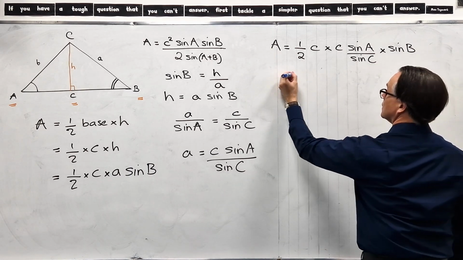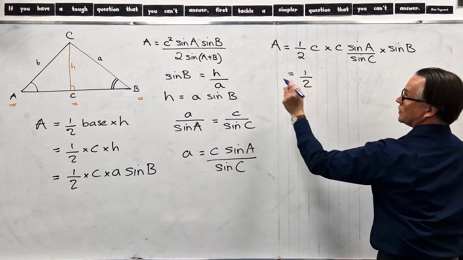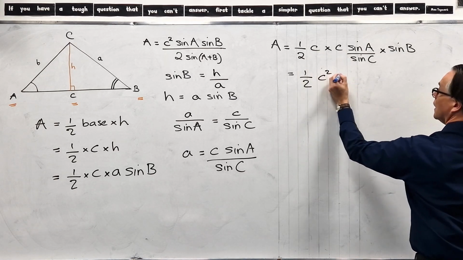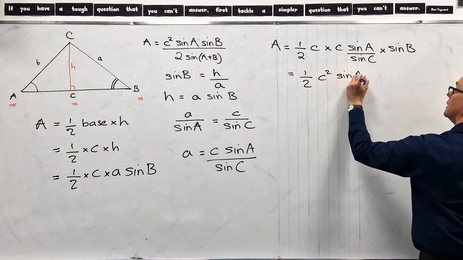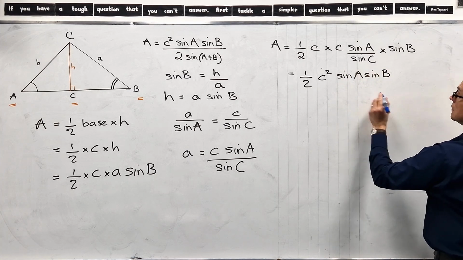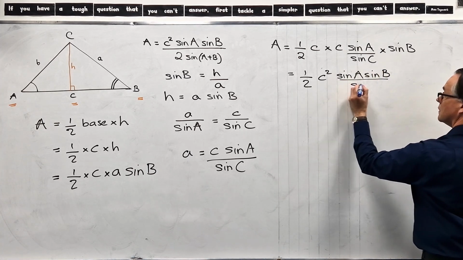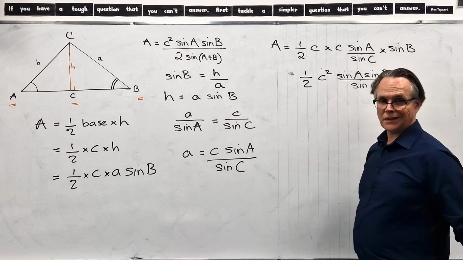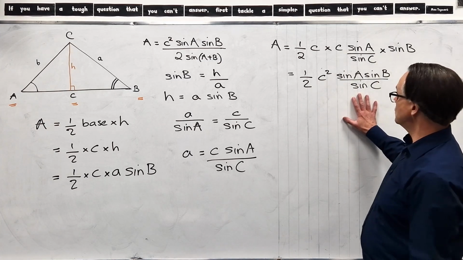We've got the half C squared, C times C, sine A sine B over sine C. You might think at first that that's still not very helpful because we don't know what sine C is.